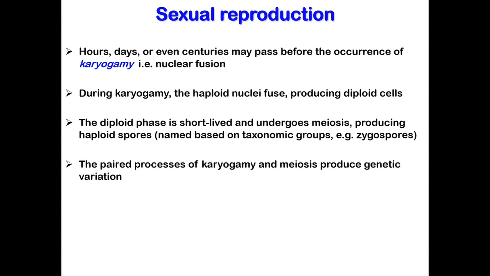The next step in sexual reproduction is karyogamy, which means nuclear marriage. During this phase, the two haploid nuclei fuse together to form a diploid zygote. This diploid phase is short-lived. Meiosis takes place next in the gametangia organs, in which gametes of different mating types are generated. At this stage, spores are disseminated into the environment.